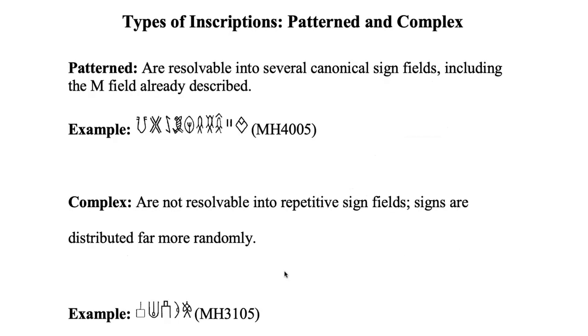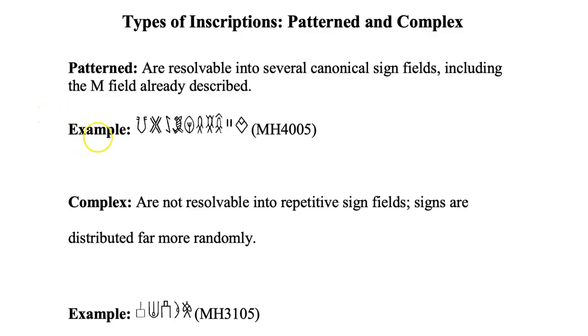Now, let's talk about the inscriptions writ large. Okay, there are broadly speaking, two types of inscriptions that we're dealing with, and I'm adopting the terminology recommended by Brian Wells, they being patterned inscriptions and complex inscriptions. It may seem a little bit odd. All these inscriptions have patterns, of course. It's the nature of writing to have patterns. But in this case, pattern refers to the fact that the inscription is resolvable into several canonical sign fields, which include the M field already described.